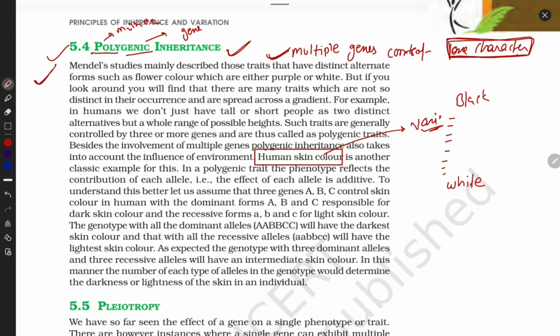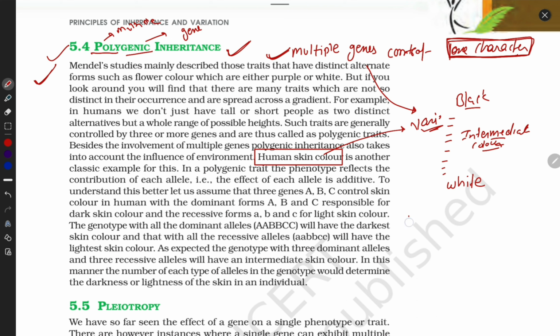There are many intermediate colors also present, like light black, dark black, mid color, yellowish, whitish. So guys, multiple genes contribute to deciding human color.